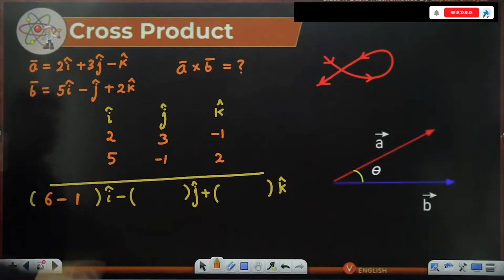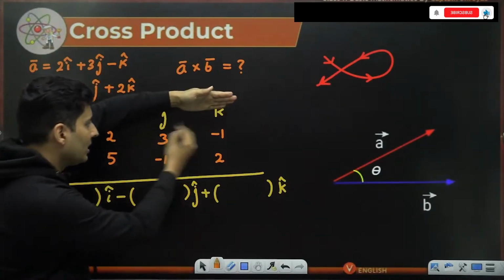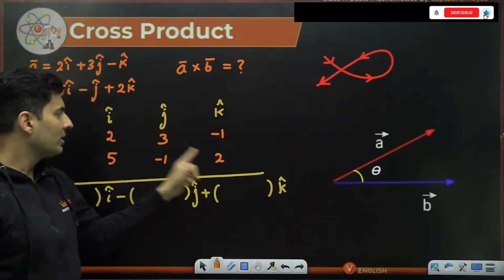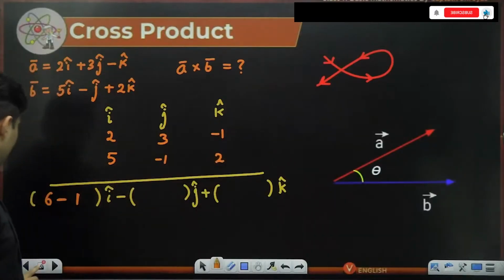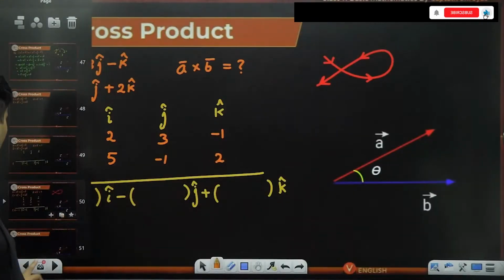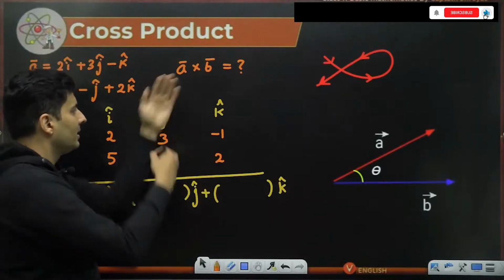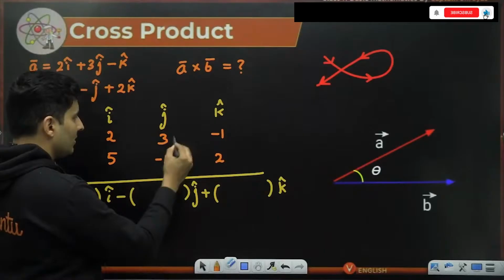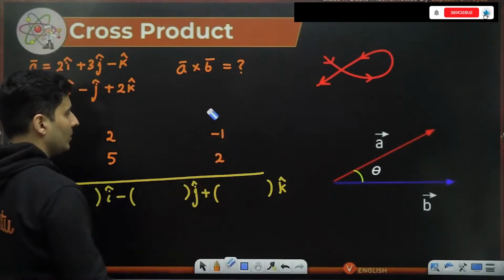So when you want to find i cap, forget this column, forget this row. These numbers which are there, go like how your teacher gives you a cross. So 3 twos are 6, minus 1 into minus 1 is plus 1. So 6 minus 1. Next step, observe this carefully. For j cap, forget this and forget this again.